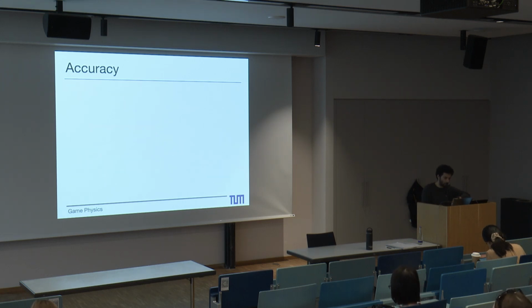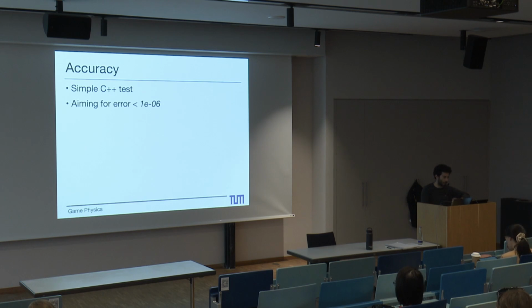So we're gonna write a simple C++ code that is gonna do the integration of this function for us. We're gonna aim to obtain an error that is more or less single precision floating point accuracy. No, not really.